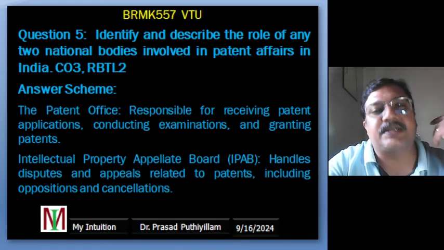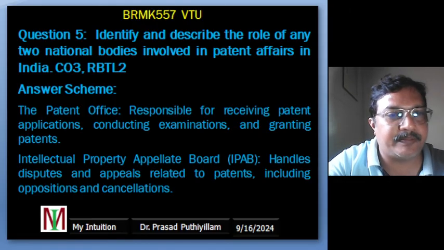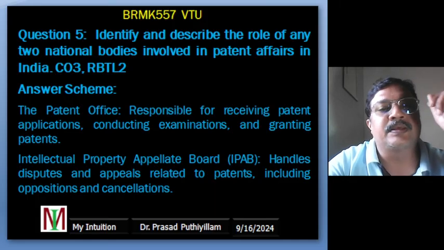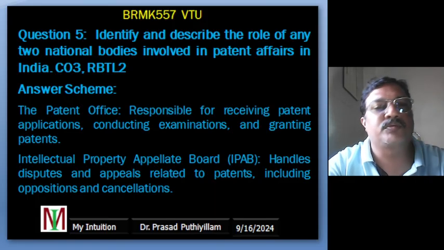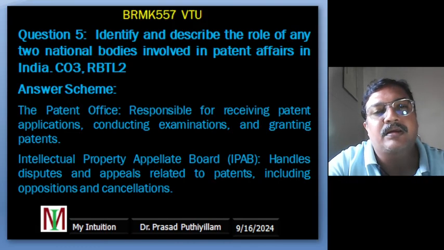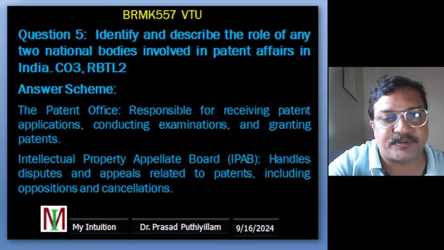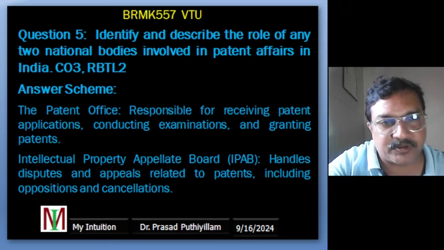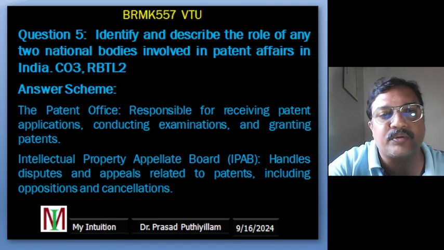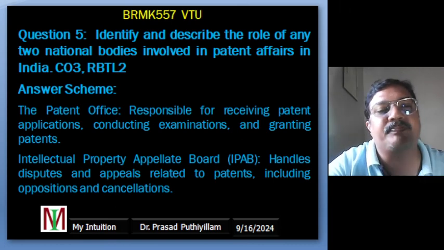If someone disagrees with a decision made by the patent office, they can ask the IPAB to review the case. The IPAB will handle issues like disputes over who should have the patent or whether the patent should be taken away.